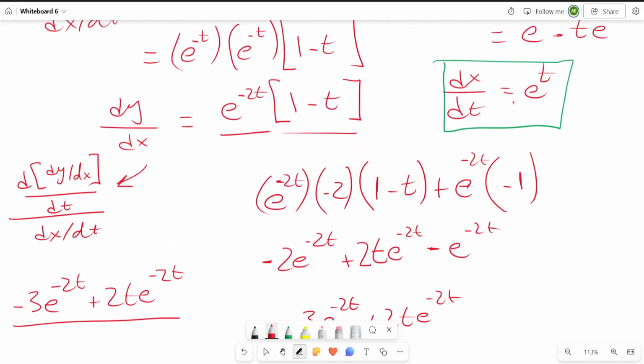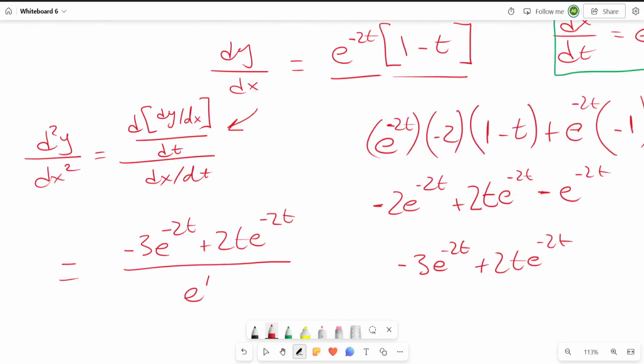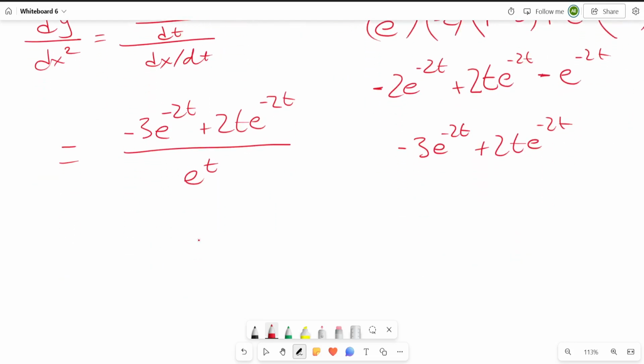And what is dx by dt? It's e power t essentially. So again, I can take this out on top, so it's gonna be e power negative t, and then I can take e power negative 2t out common. So negative 3 e power negative 2t divided by e power negative 2t is basically negative 3, and then this expression divided by e power negative 2t is basically plus 2t.